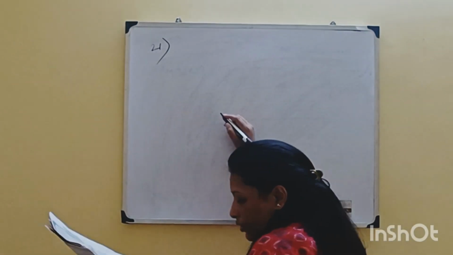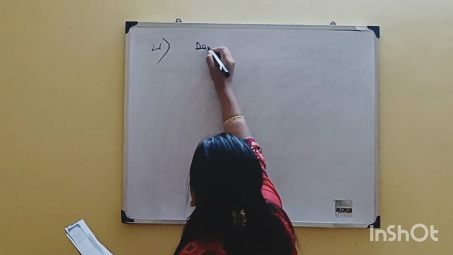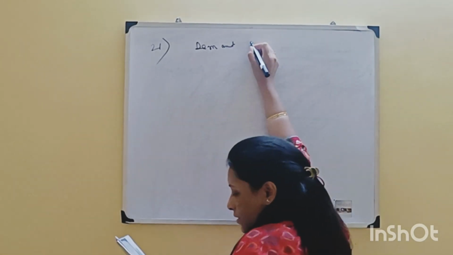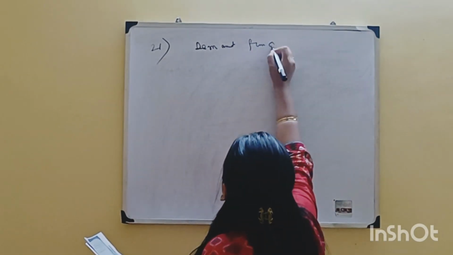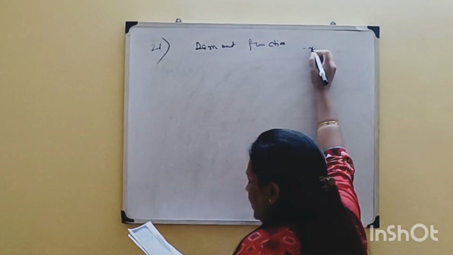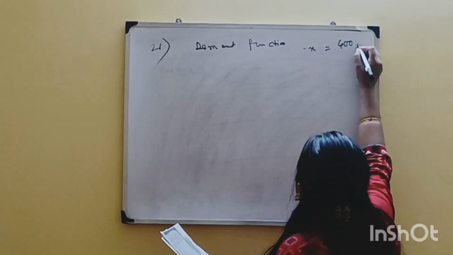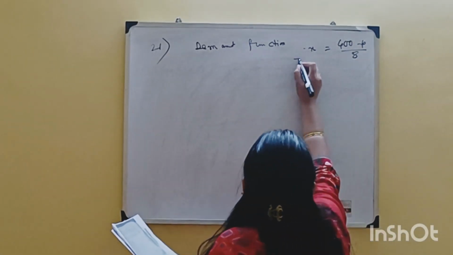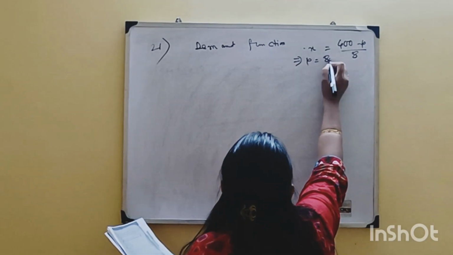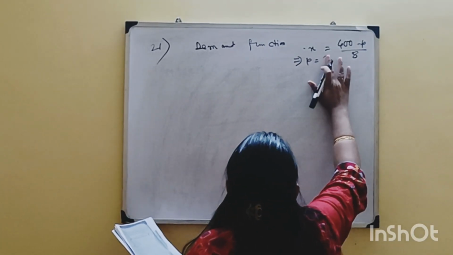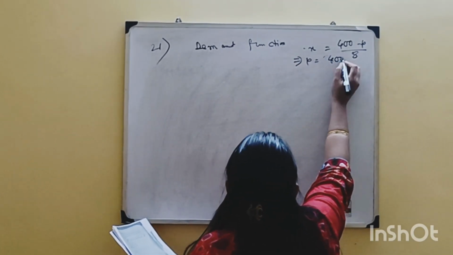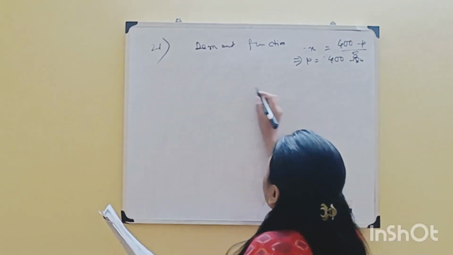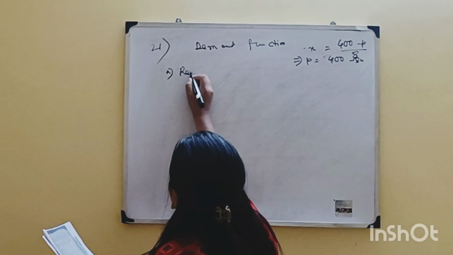So going to question number 21, the demand function. What will be the demand function? x equals 400 minus p divided by 8, so p equals 400 minus 8x.